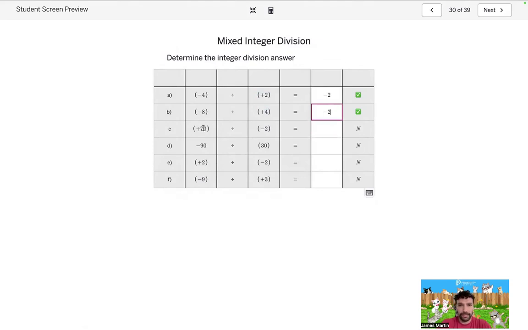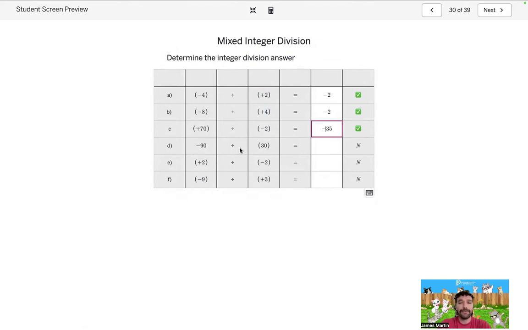So the next one is kind of tricky because this is a pretty large number, but I know that half of 60 is 30. So half of 70 is going to be 35. But this is going to be a +35 because my 2 is negative. Oh, no, whoops. Sorry, it's a -35. So because I have a positive divided by a negative, it's going to be negative.